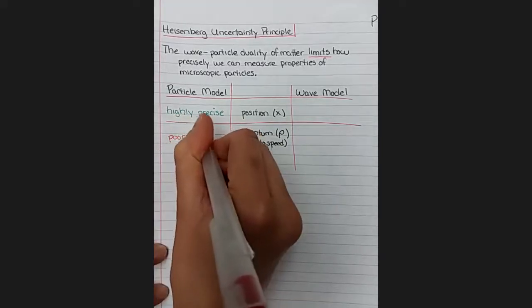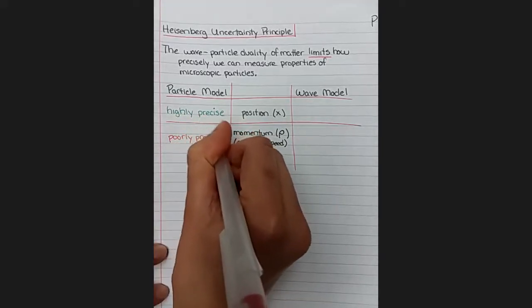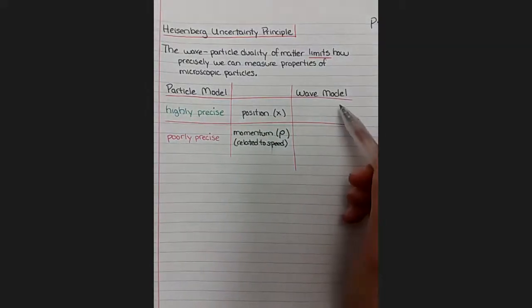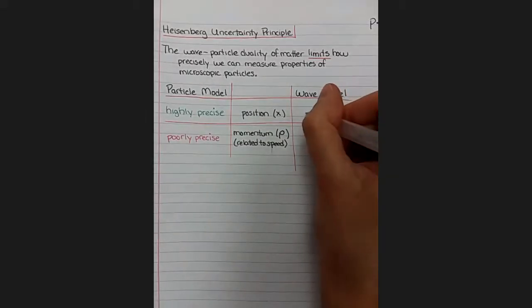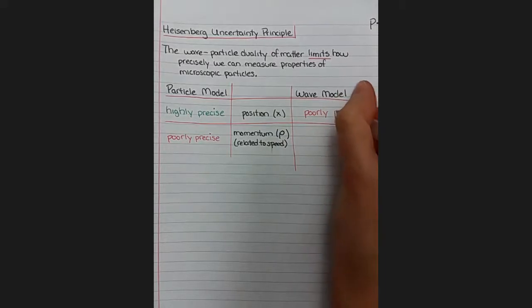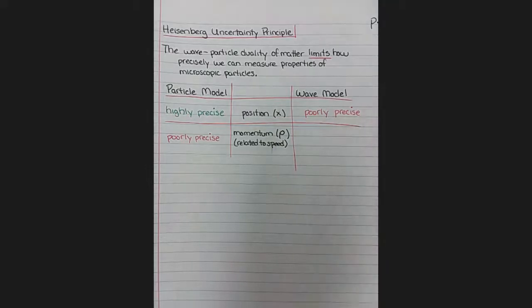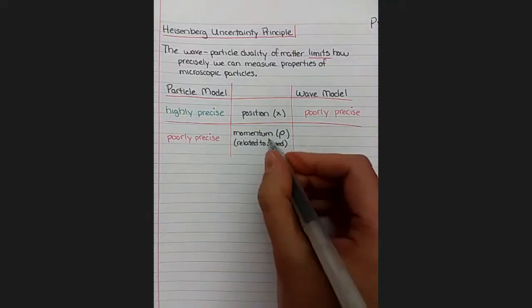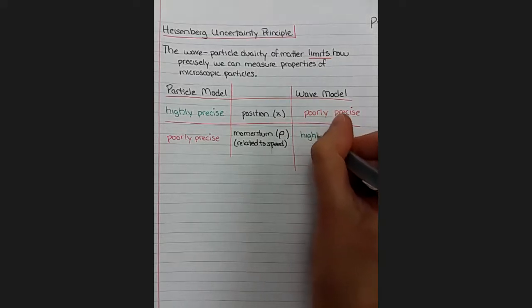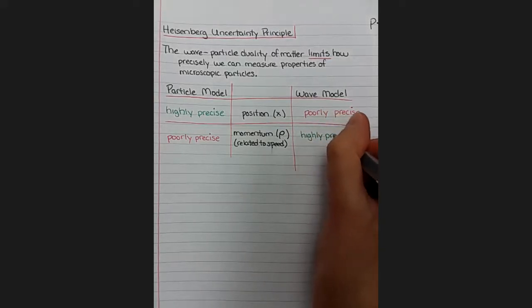So the momentum measurement in the particle model would be not very precise. If we modeled an electron as a wave, the opposite would be true. It's difficult to measure the position of a wave because a wave kind of takes up space and it kind of doesn't. So it's difficult to tell when it crosses the finish line. However, it's much easier to measure the speed of a wave or the momentum than it is to measure the position.